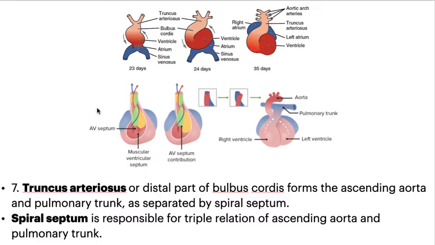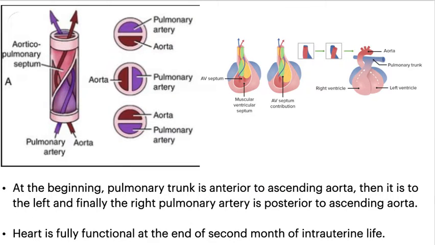The truncus arteriosus, or the distal part of the bulbus cordis, forms the ascending aorta and the pulmonary trunk, as separated by the spiral septum over here. The spiral septum is responsible for the spiral relation of the ascending aorta and the pulmonary trunk. Now, what is this spiral relation?